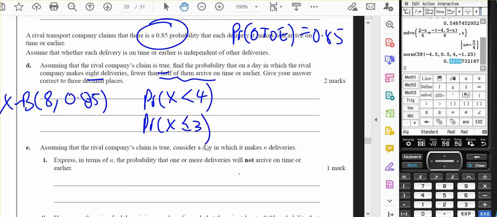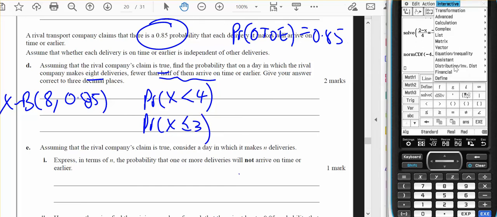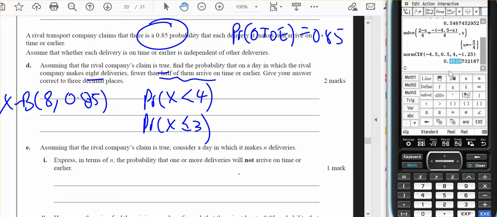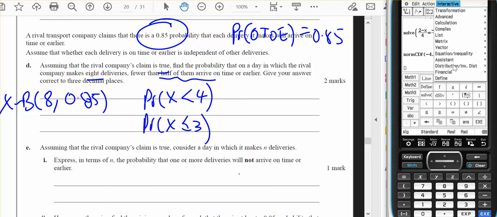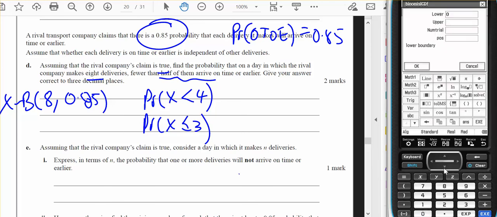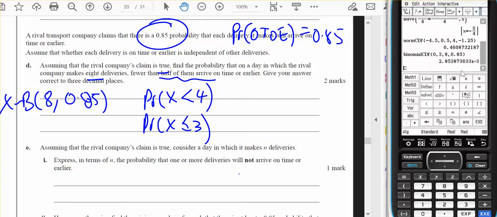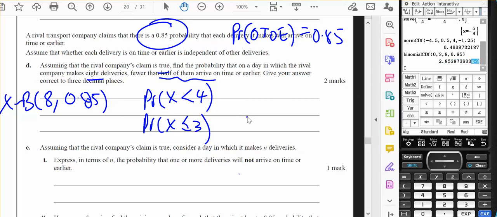And that's going to be interactive distribution, discrete CDF. Lower is 0, upper is 3. I've got 8 and it's 0.85. And that is 0.00285, to 3 decimal places, 0.003.